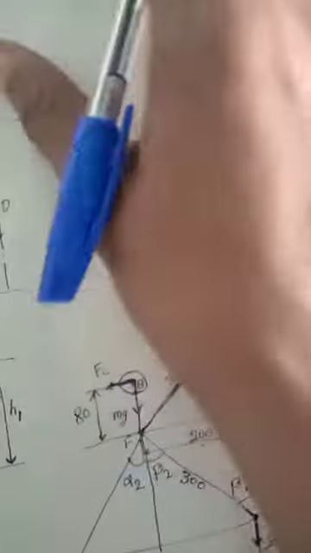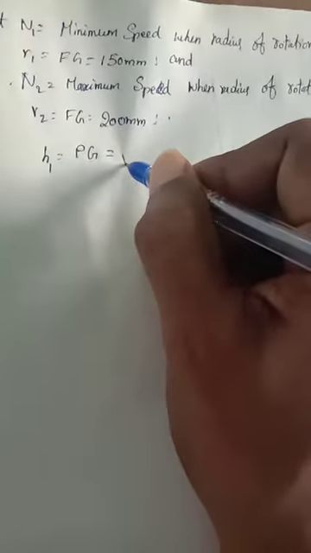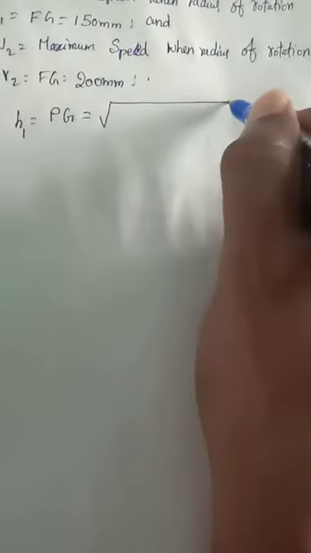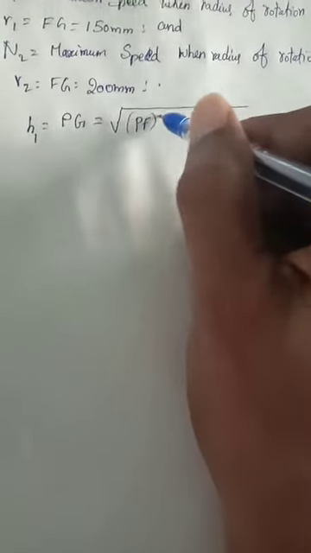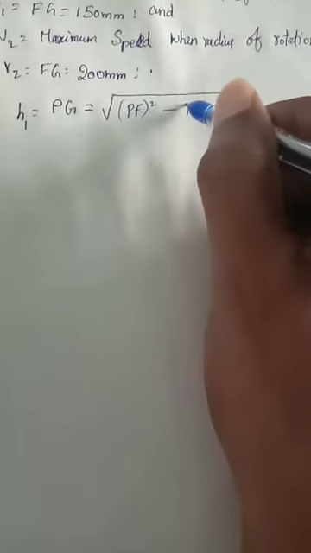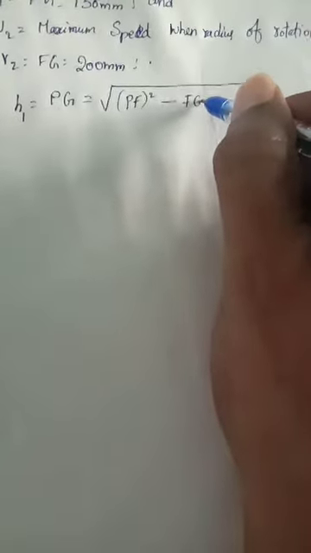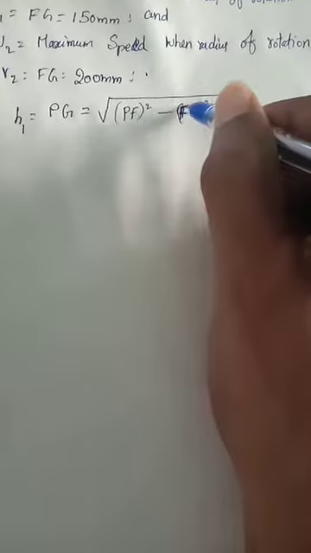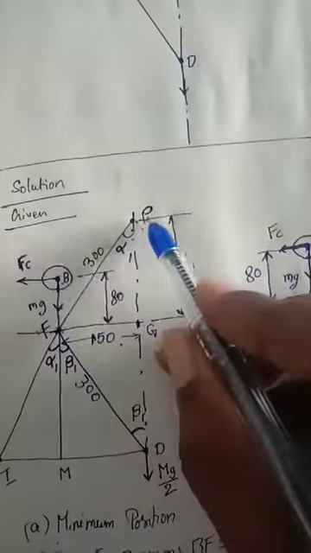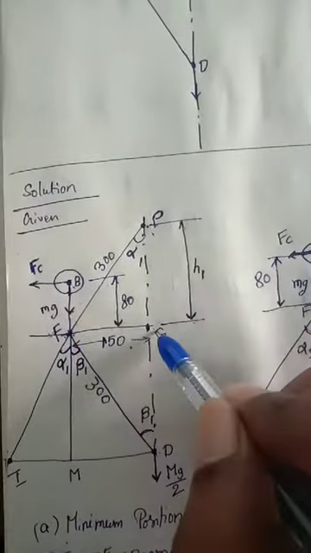So then PG is equal to the square root of PF square minus FG square. This is the triangle.